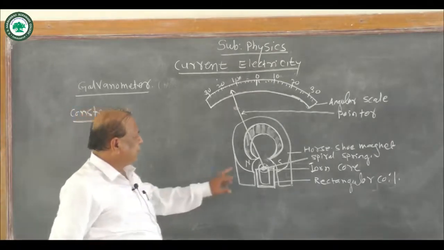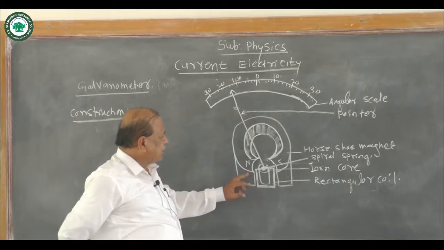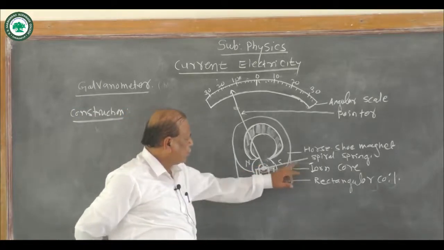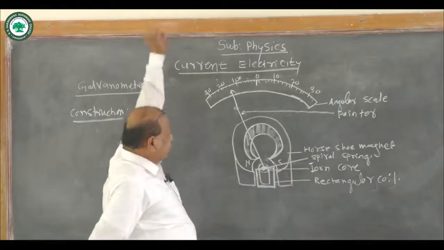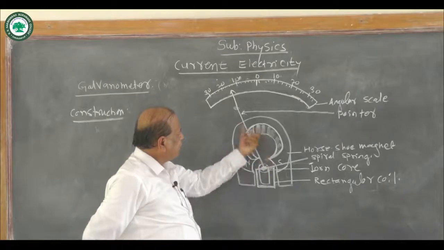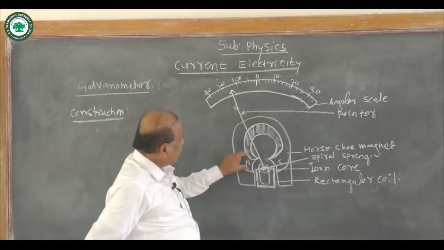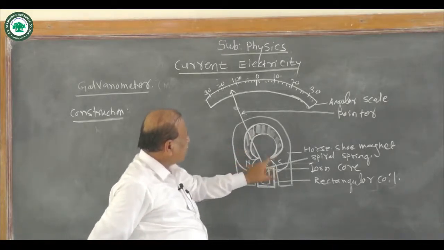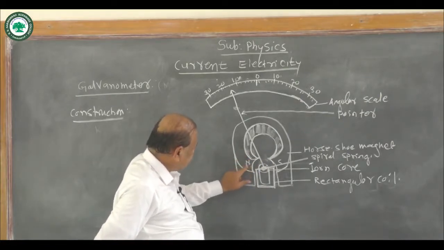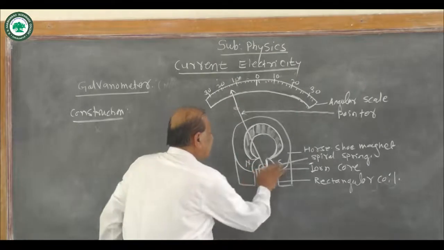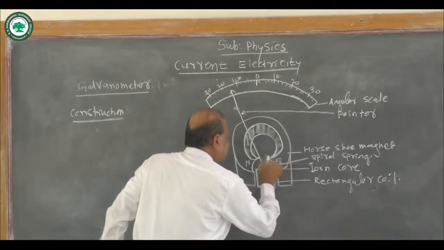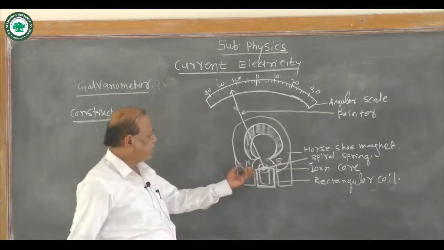Here this rectangular coil is wound on this iron core. Now this coil is kept in between the horseshoe magnet's concave pole pieces, this N and S, north and south pieces, in between.